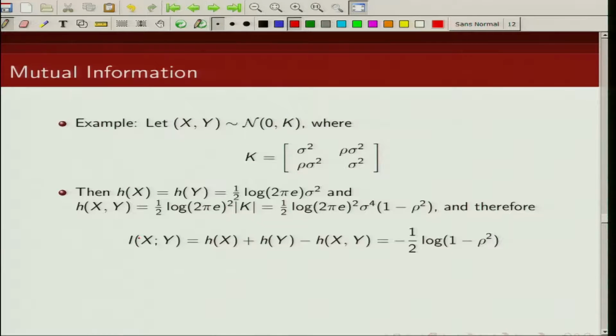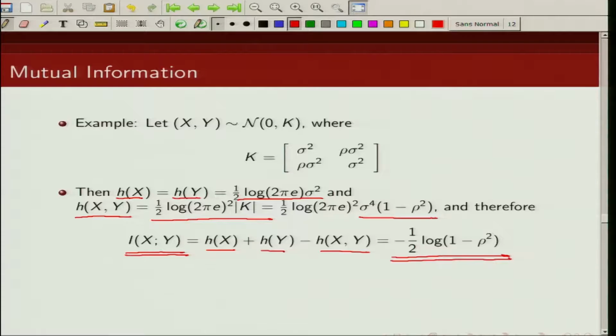So we can write h of x and h of y, which is nothing but half of log 2 pi e sigma square, and similarly we can write the joint differential entropy, which is given by half of log (2 pi e) square and determinant of K, which is given by this. And now we can write mutual information also as h of x plus h of y minus joint entropy, and this comes out to be this.